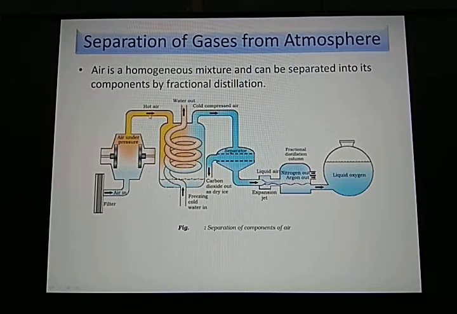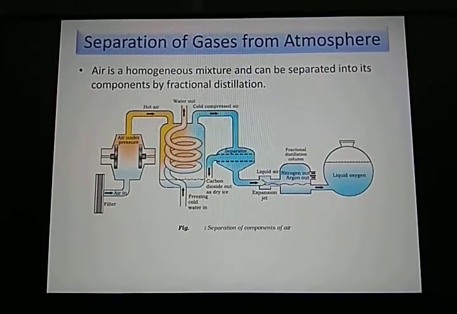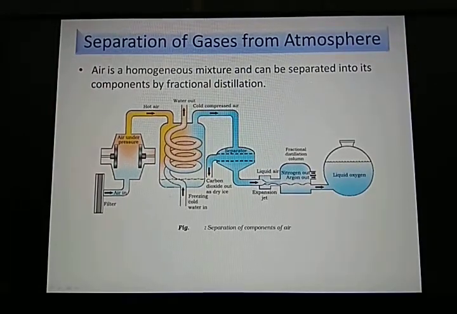Now we have to cool down this hot air. So how do we do that? As you can see here, there is a spiral pipe fitted here. Through this pipe, cold freezing water is passed and it comes out through this outlet.